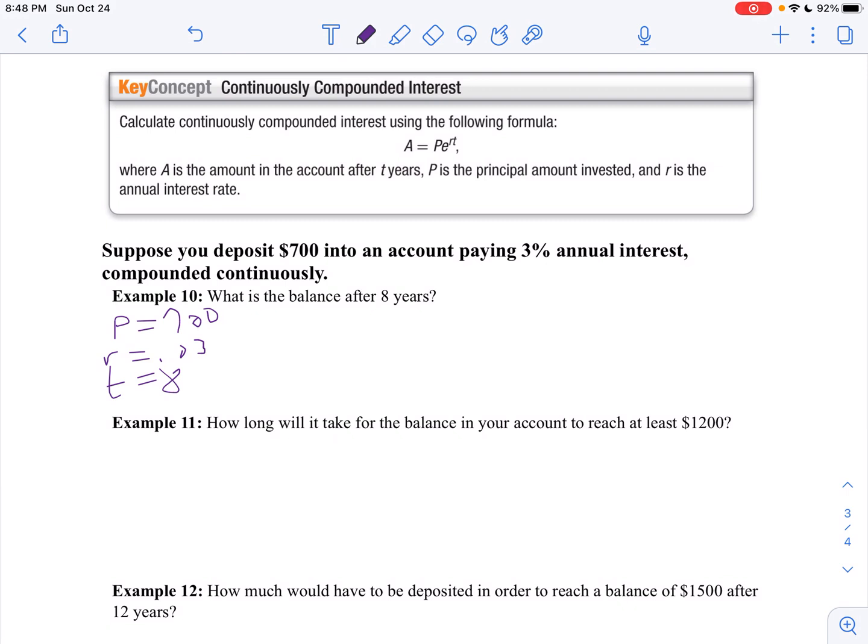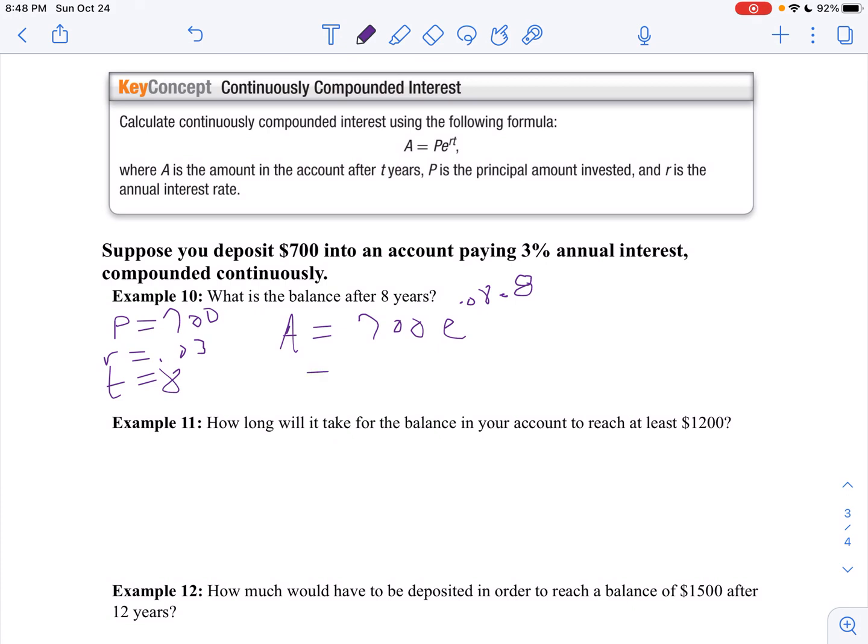So we're going to say A equals 700 times e to the 0.03 times 8, because t is 8.